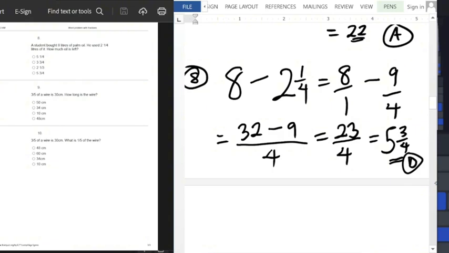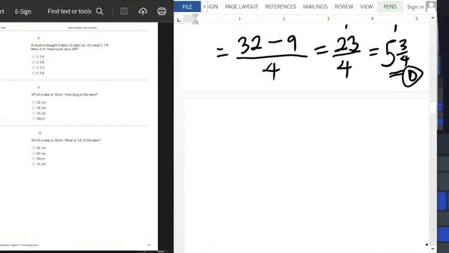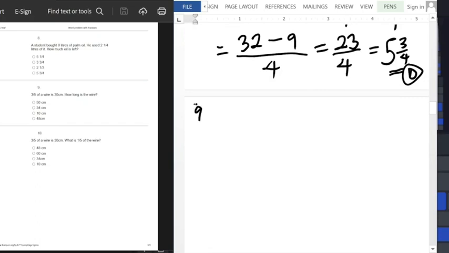Alright, so question 9. We have 3 over 5 of a wire is 30 centimeters. How long is the wire? So that is 3 over 5 of a wire is equal to 30 centimeters.